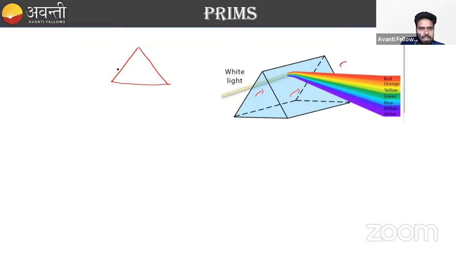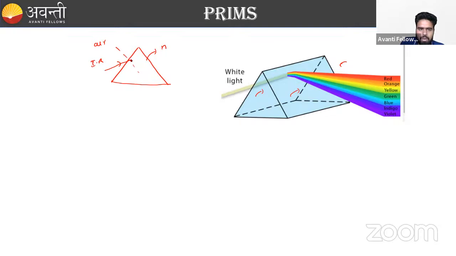and if we consider the light is coming in this way, this is our incident ray. If you want to draw a normal here, consider the refractive index of the prism is n, and the prism is placed in a medium, say air, and light is coming from air to the medium of the prism.